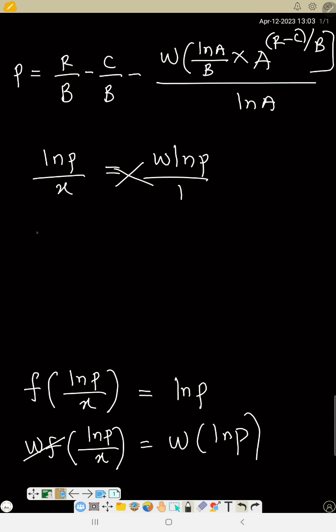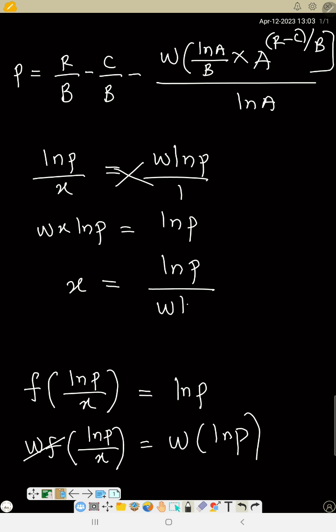Cross multiply: W S ln P is equal to ln P. So S is equal to ln P divided by W ln P.